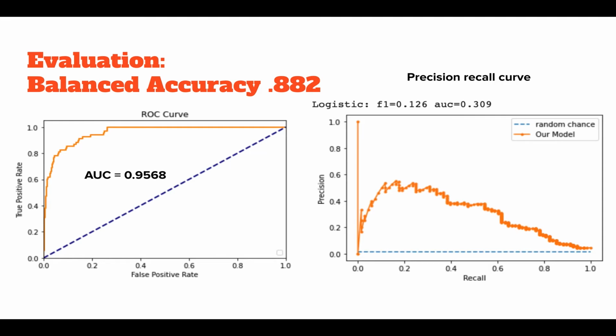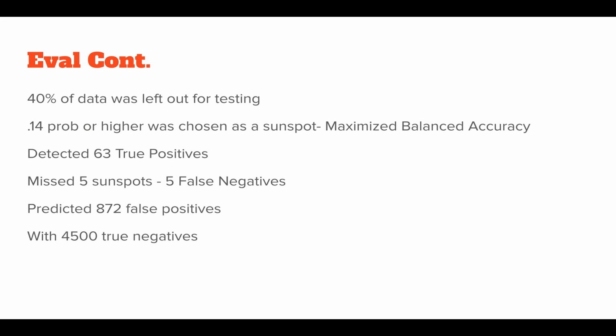You can see the area under the ROC curve is 0.95, suggesting that it's much better than just random chance. However, the precision recall curve is better for imbalanced datasets, and the area under the precision recall curve is only 0.3. So it's suggesting it's not the best model yet.